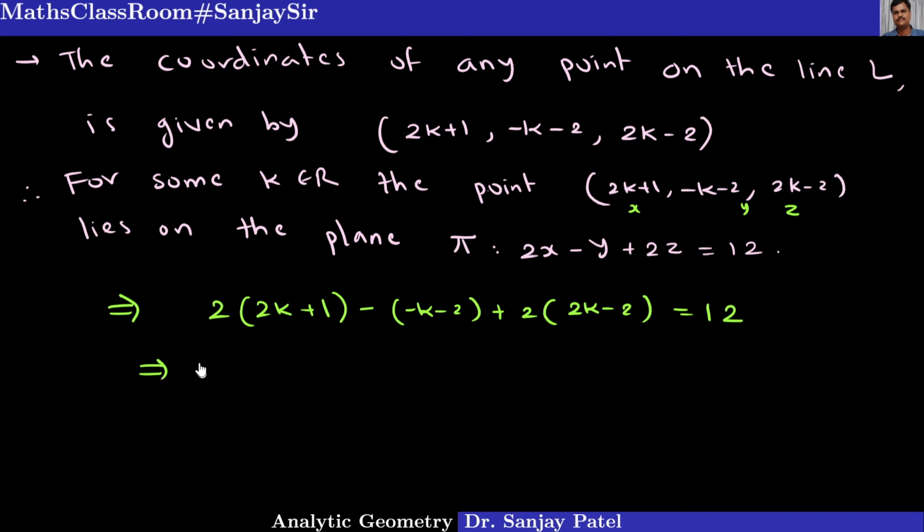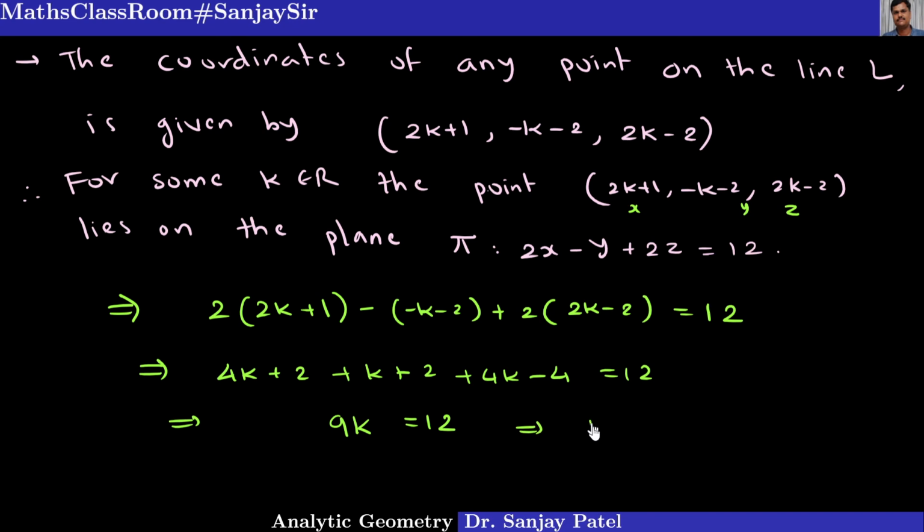So if you simplify, you can get the value of k from this. So 4k plus 2 plus k plus 2 plus 4k minus 4 is equal to 12. So 4k plus k is 5k, plus 4k is 9k, and 2 plus 2 is 4, 4 minus 4 is 0, so 9k is equal to 12.